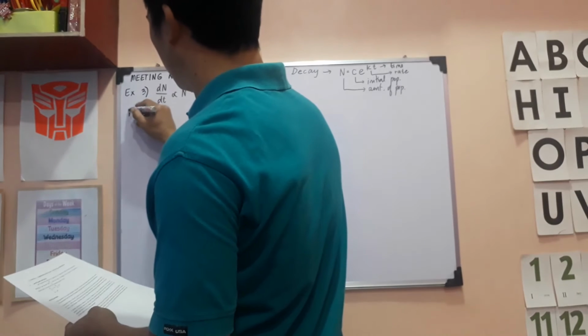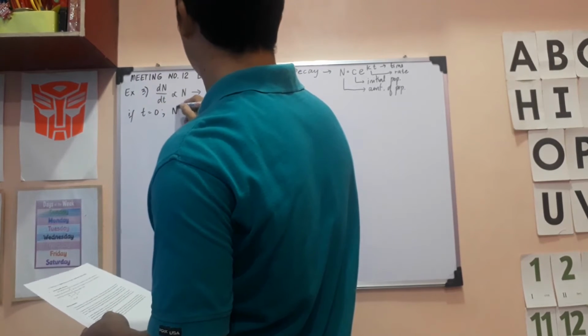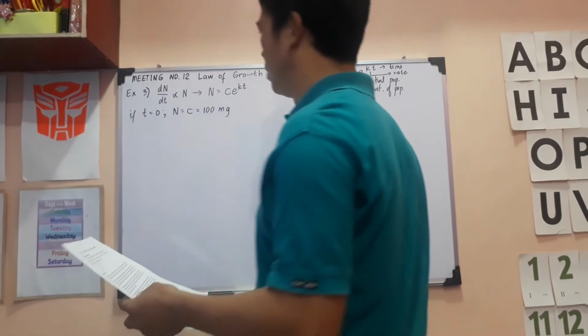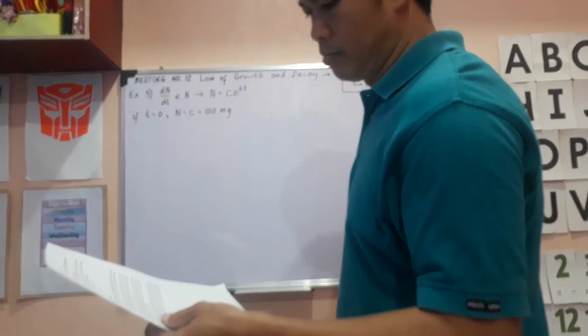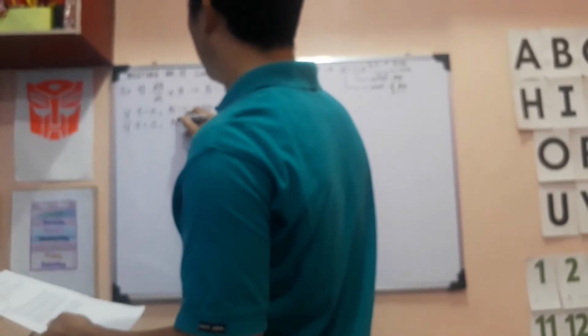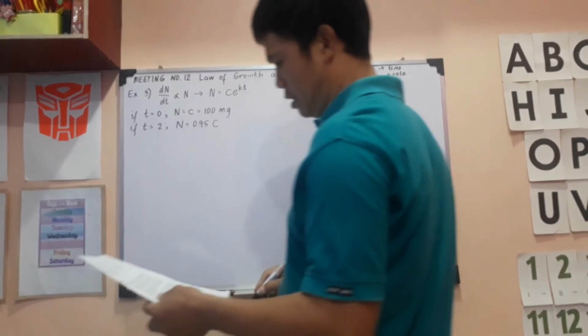So, if time is equal to 0, ano ang ating N? N is equal to C, and that is 100 mg. Diba? Yun ang initial amount. And then if t is equal to 2, N is equal to 0.95 of C. Bakit?